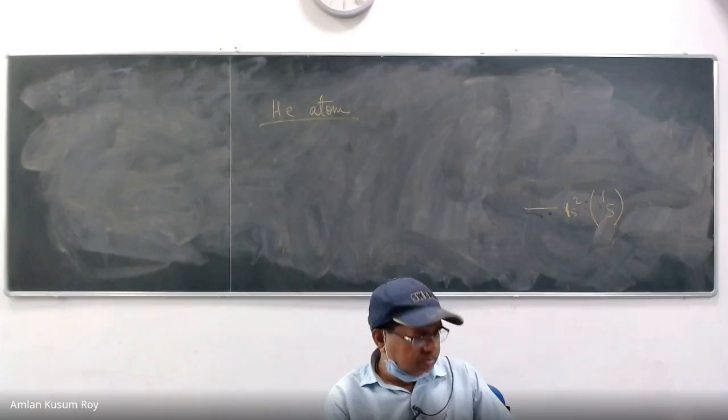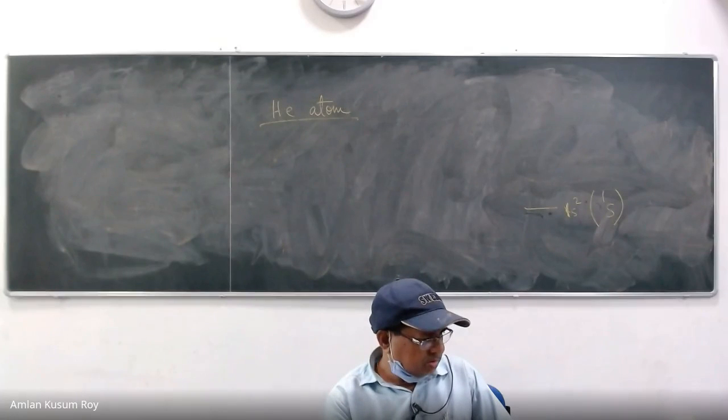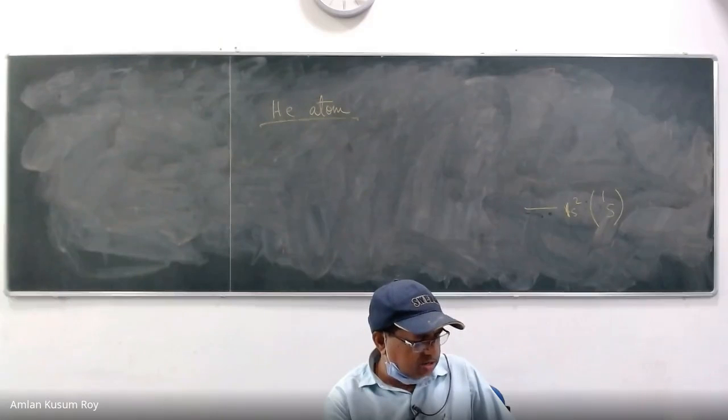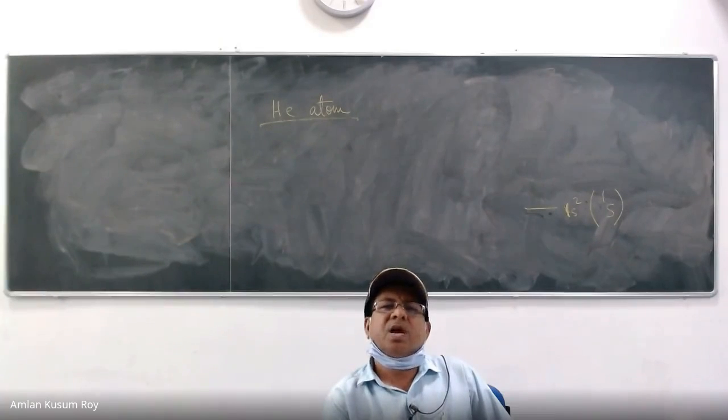Sir, kinetic energy of first electron plus potential energy of first electron plus kinetic energy of second electron plus potential energy of second electron. And what is the potential energy of the first electron? You are right, but what is the first kinetic energy? Sorry, I understand kinetic energy, but what is the potential energy of the first electron? How do you understand that?